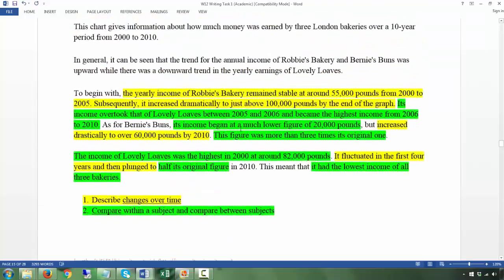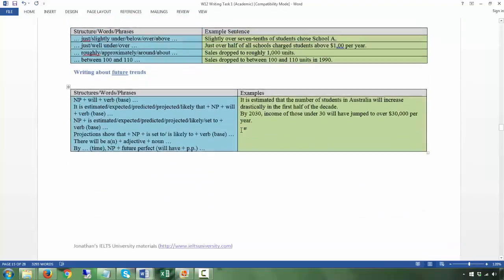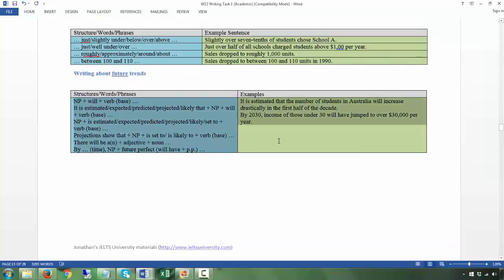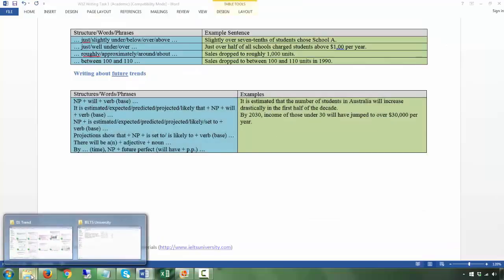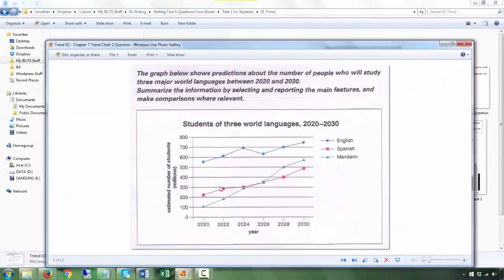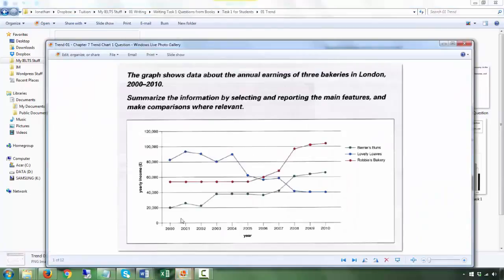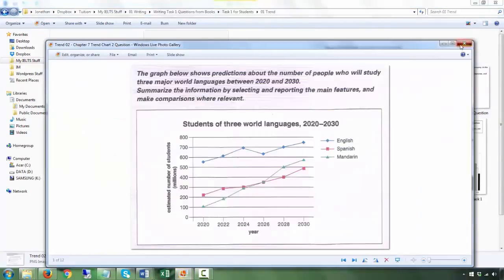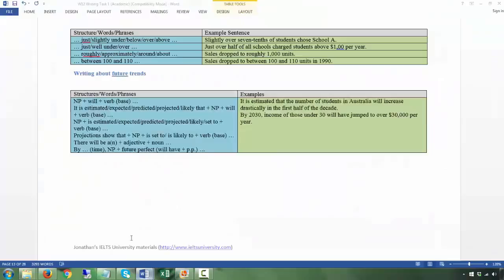Now I have not talked about this. This is for future, because there will be times where you will be given a future. You see, all this is in the future. 2020 is in the future. Basically what we've been doing, and most of them are in the past, you use the past tense, but if you get a future, you will need to use a future tense, and not just the future tense, because the future tense generally signifies that it will happen, but you could use some of these phrases like it is estimated, what is estimated to increase, because you are not sure.